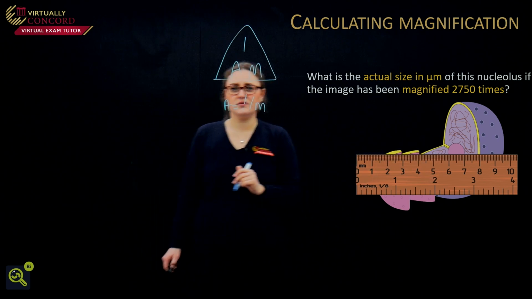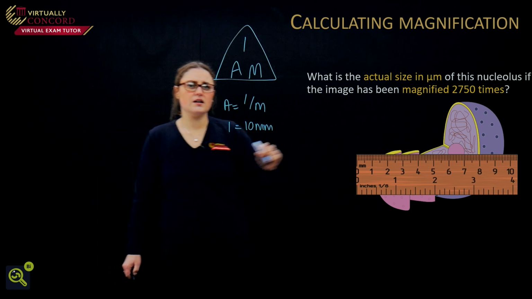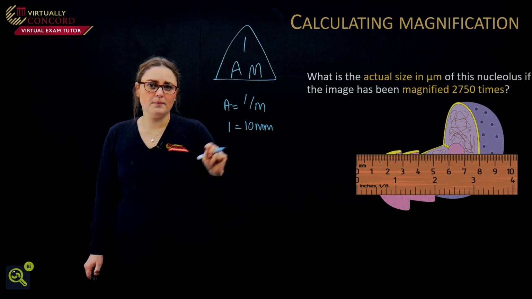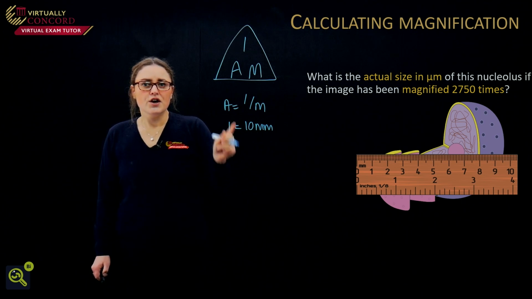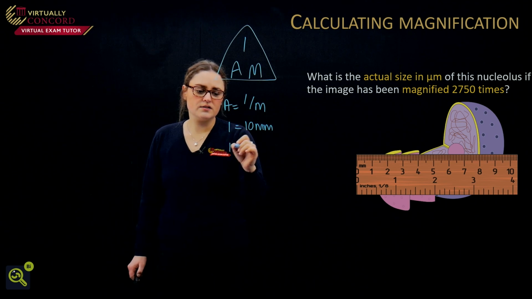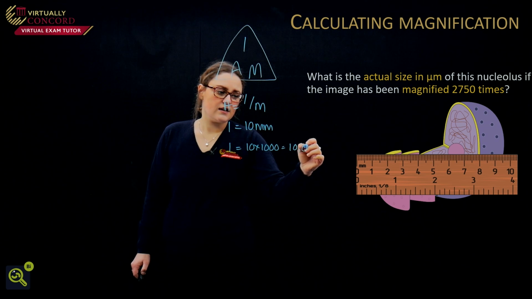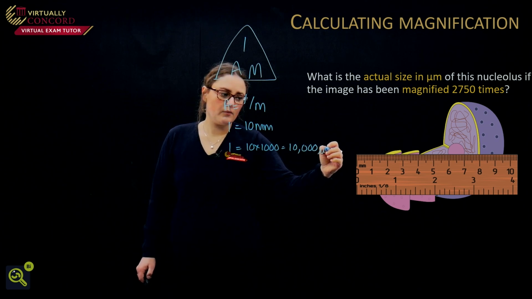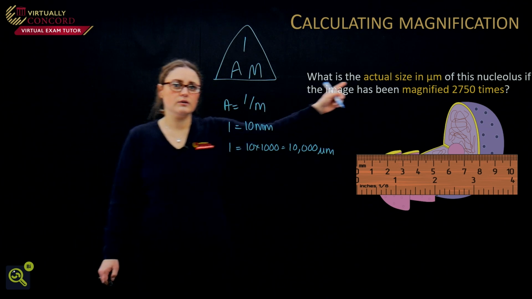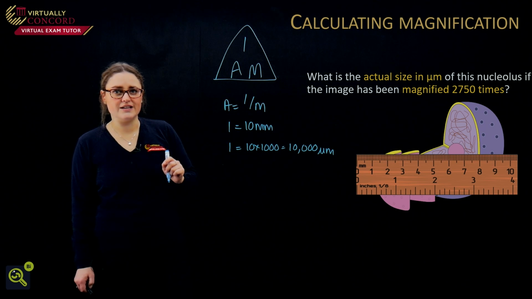Now, we need to know what the image size is. We get that from measuring, and that gives us 10 millimeters. It wants the answer, however, in micrometers, so at this stage I would be inclined to convert my millimeters to micrometers. If we think back to that diagram before, we are timesing by 1,000. So 10 times 1,000 equals 10,000, and we need to make sure our units are there. Next, we can put in our magnification value, 2,750.